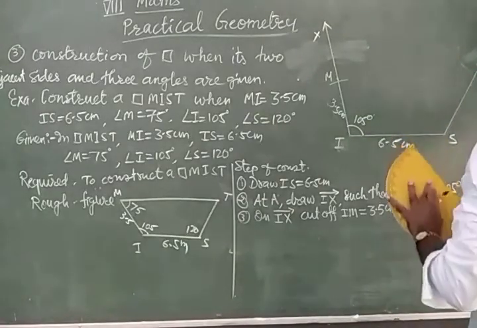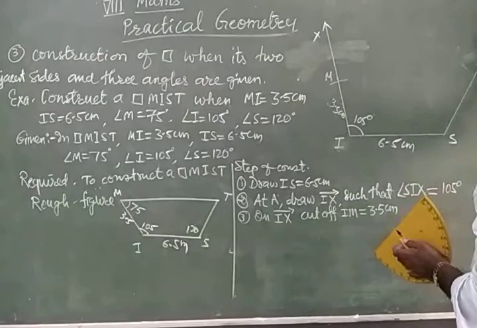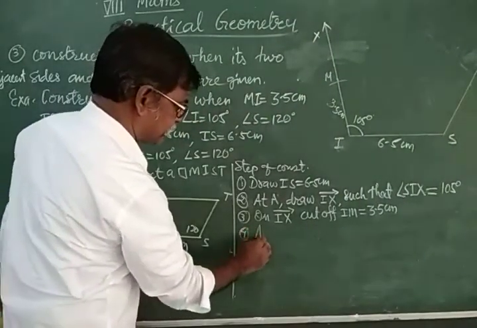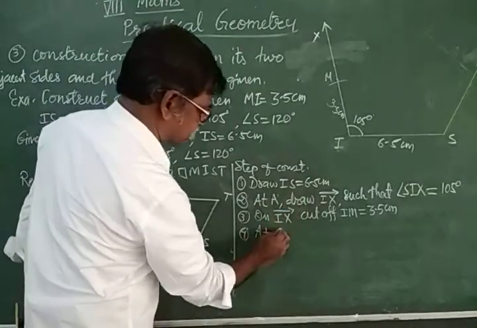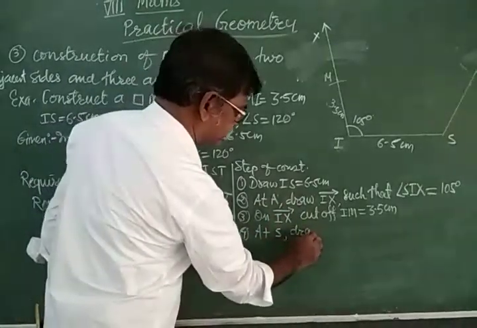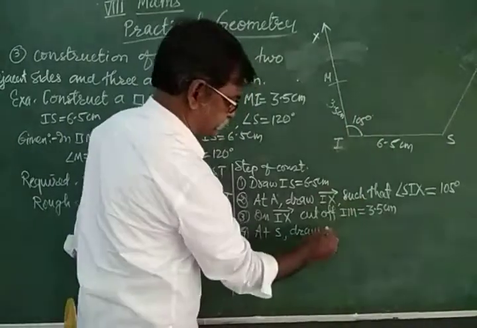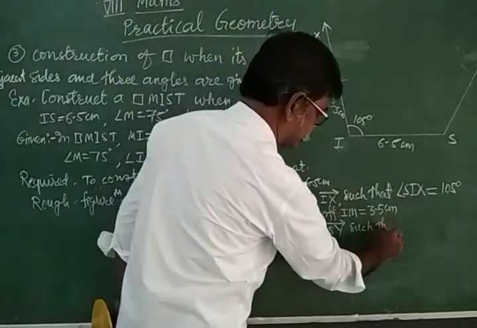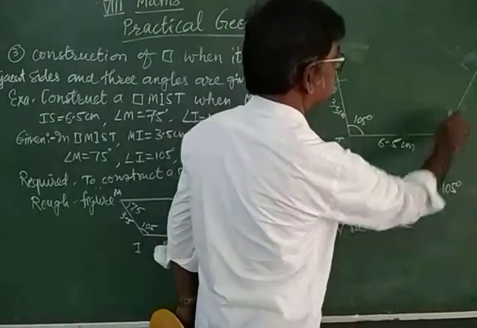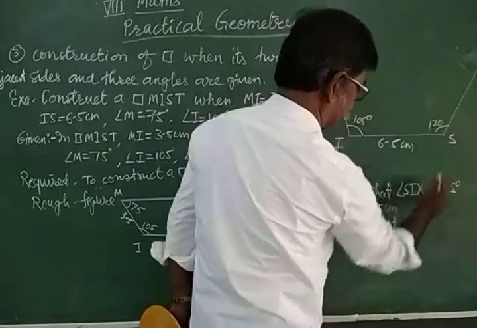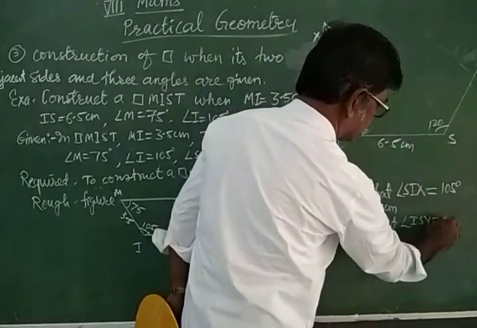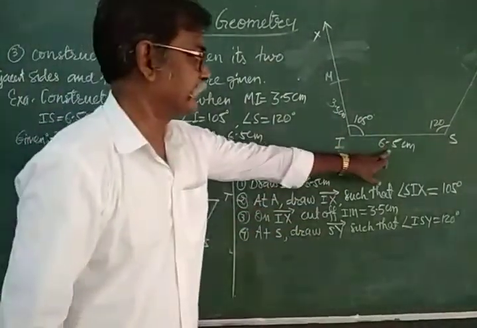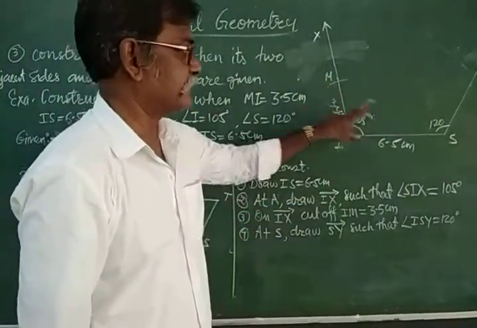We will say draw ray SY such that angle ISY is 120 degrees. Okay. Now one thing we are done, angle cut off 120 degrees.